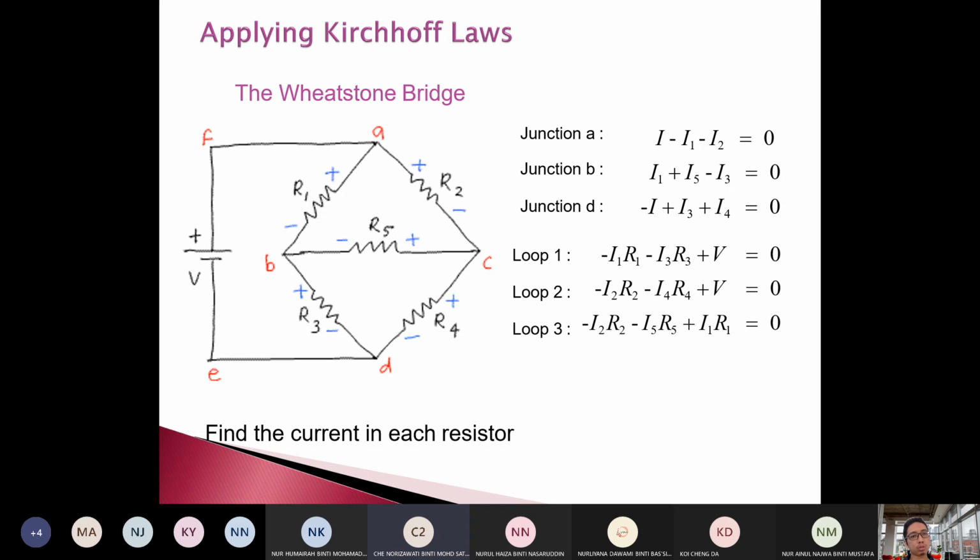Okay, so that's how you solve it. You can also take another loop over here, the small loop at the bottom there. It is possible as well, if you want to take it.